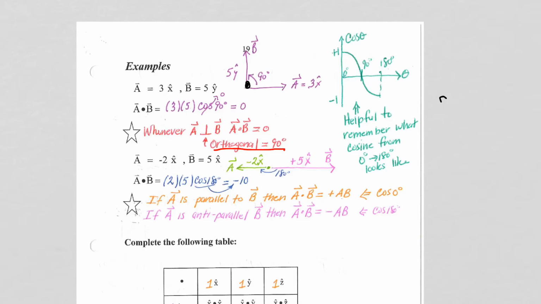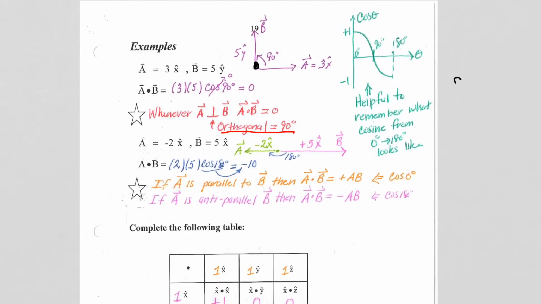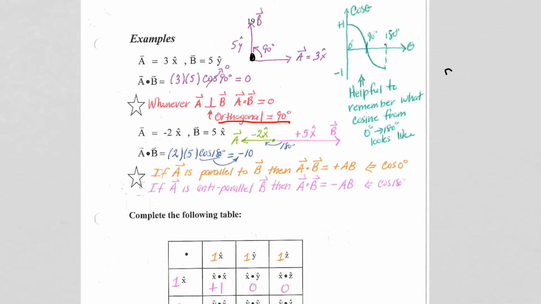How about if the vectors are on axis? If the vectors are on axis, there's only one of two possibilities. They're on axis pointing in the same direction, or they're on axis pointing in opposite directions. So let's take a look at that. If we have vector A pointing to the left, backwards on the x-axis, and we have vector B pointing forward on the x-axis, we take dot products the way we take dot products.